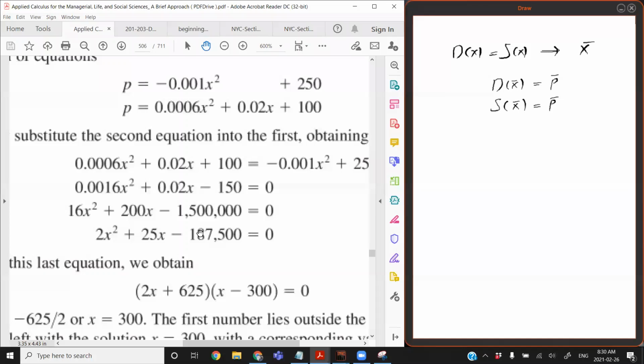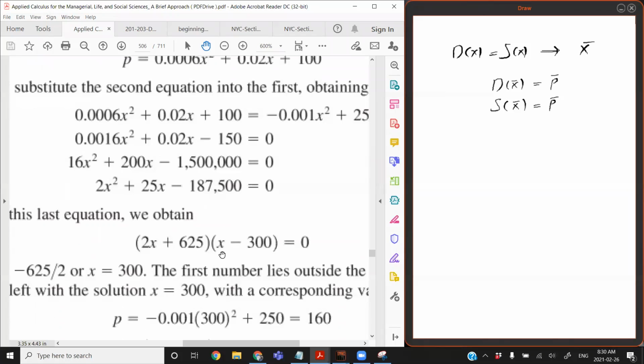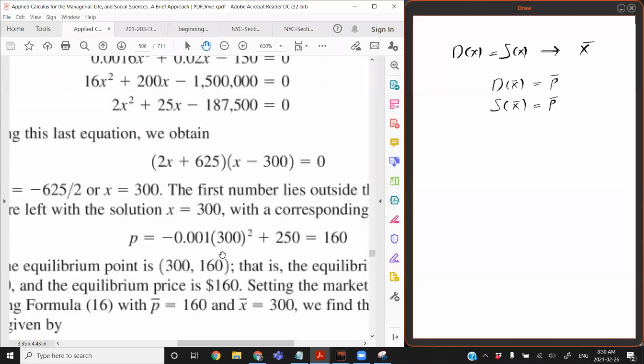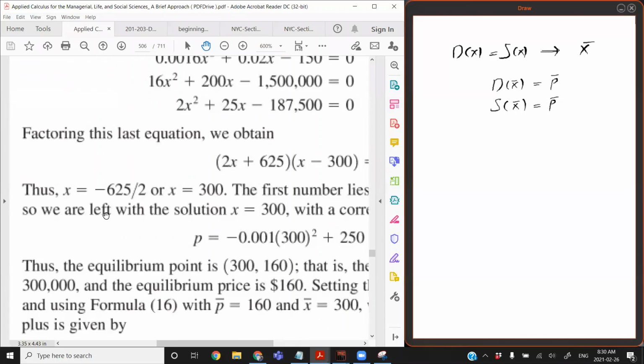And then you can factor out 8, or you can just use the quadratic formula. If you use the quadratic formula, you're going to get two answers. One is minus 625 over 2, and the other one is 300.